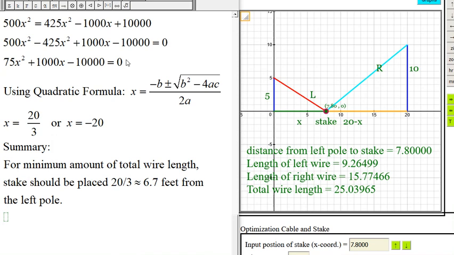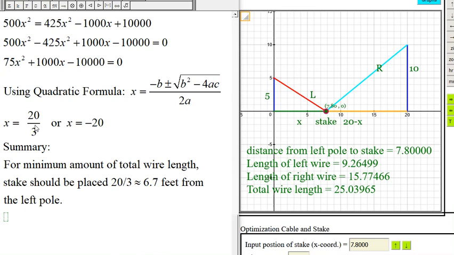So solving this equation by using the quadratic formula, we end up with x being 20/3 or x being negative 20. But here x represents the distance between the left post and the stake, and therefore it cannot be negative.